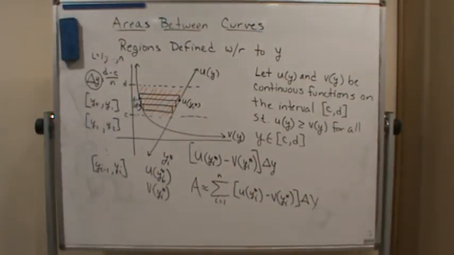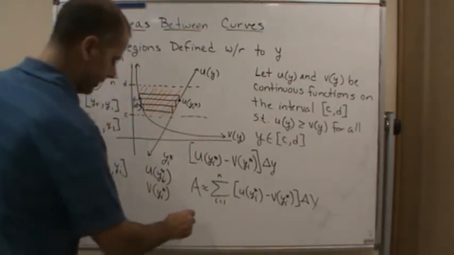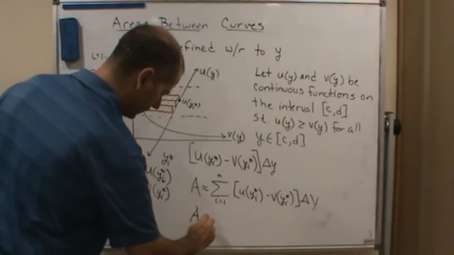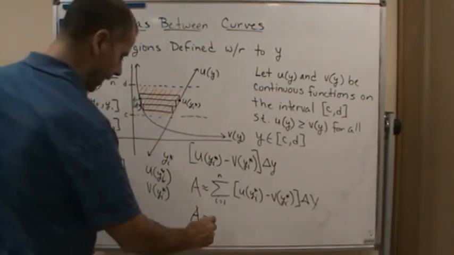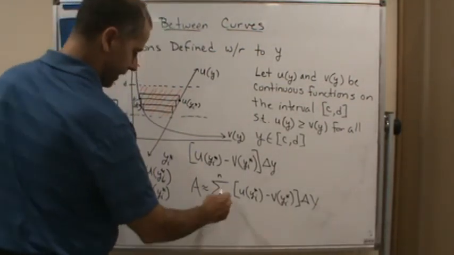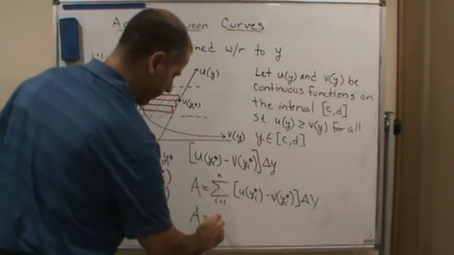And then of course, this being a Riemann sum, let's take the limit. So A actually equals, right, we're going to get the exact value when we take the limit as n approaches infinity.